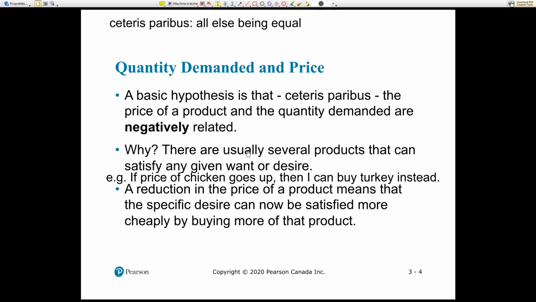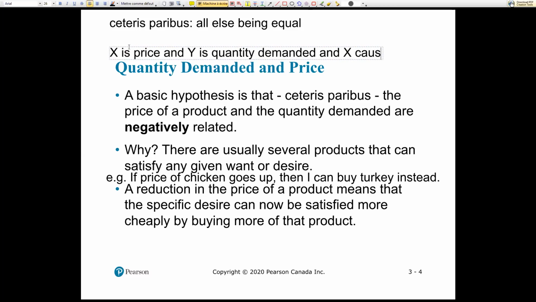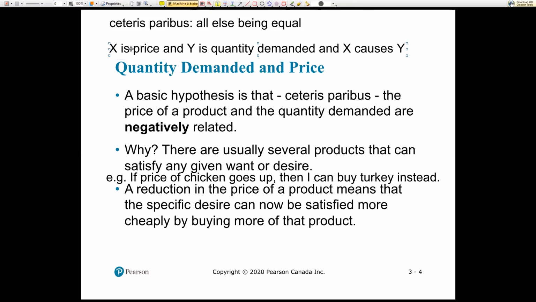We're assuming that X is price and Y is quantity demanded, and X causes Y.